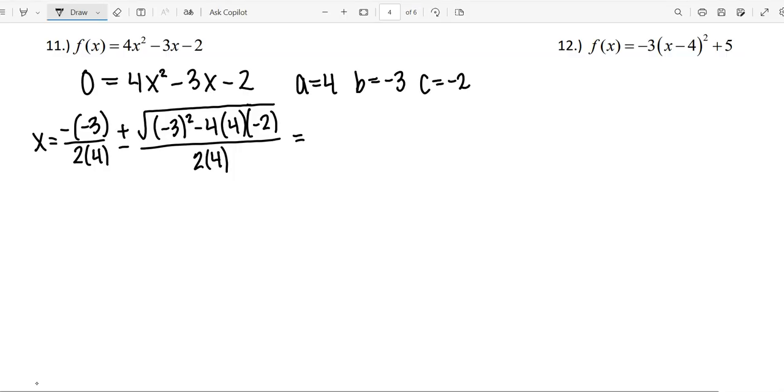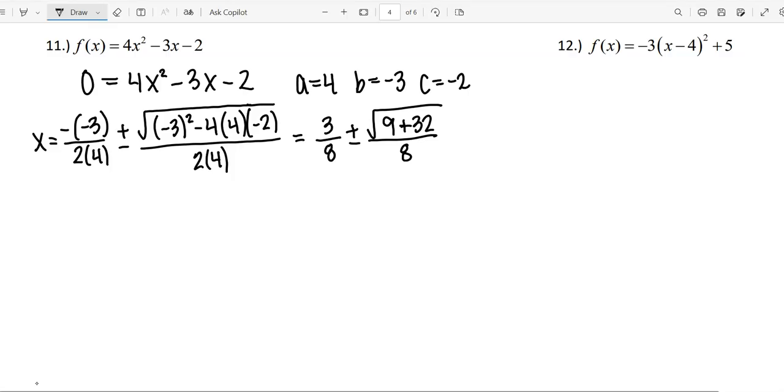Negative 3 is going to give me 3. 2 times 4 is going to give me 8, plus or minus the square root. What's negative 3 squared? 9. It's important that that's a positive or it's going to mess up your whole problem. What's negative 4 times 4? Negative 16. Then multiply that by a negative 2. Positive 32. And that's over 8.